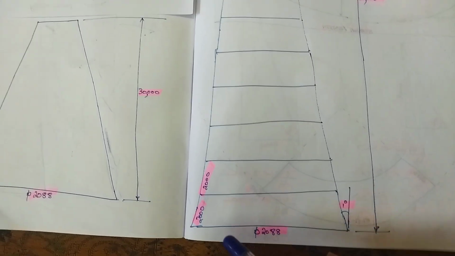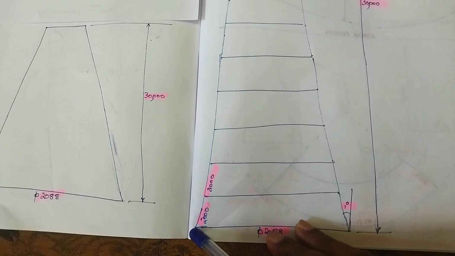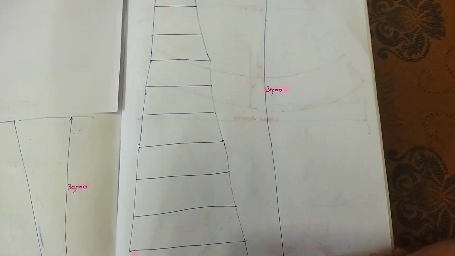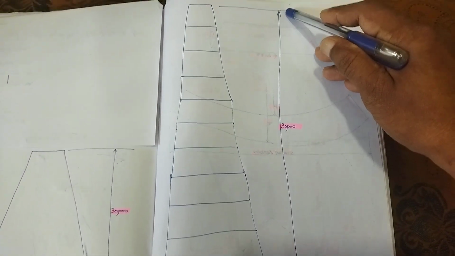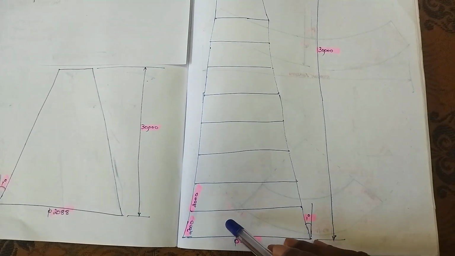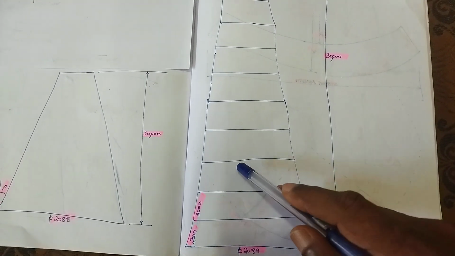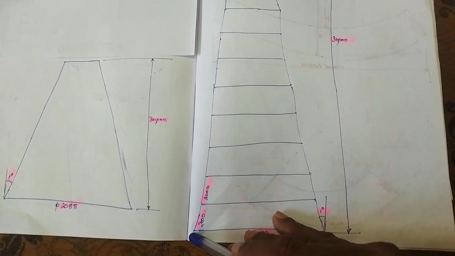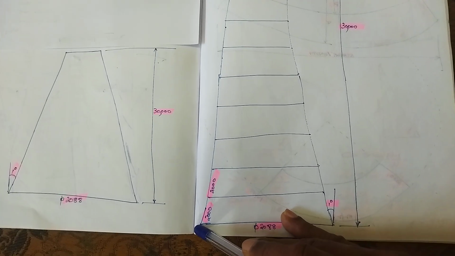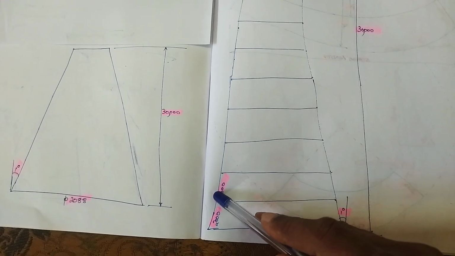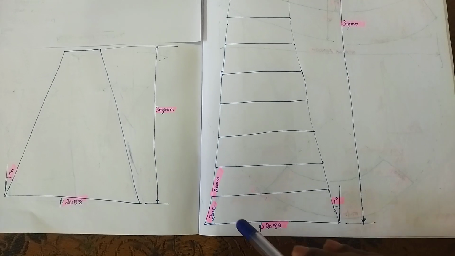For teaching you, now I divided this 30,000 height cone into so many parts. Each part had an inclined height of 2000.